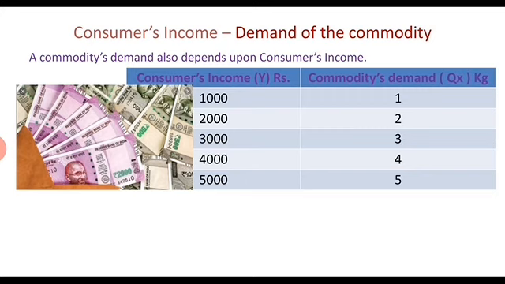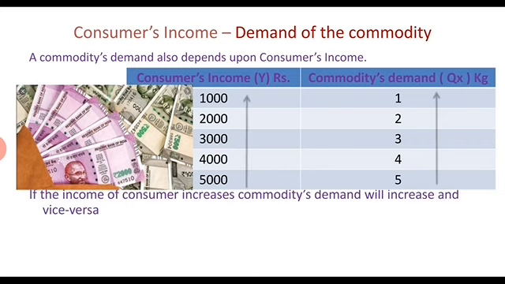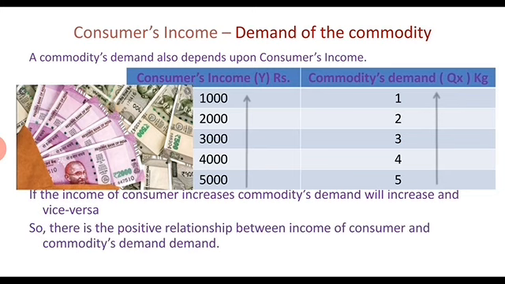When the income of the consumer increases, the demand for the commodity also increases. If the income of the consumer increases, the commodity's demand will increase and vice versa. So there is a positive relationship between income of consumer and commodity's demand.